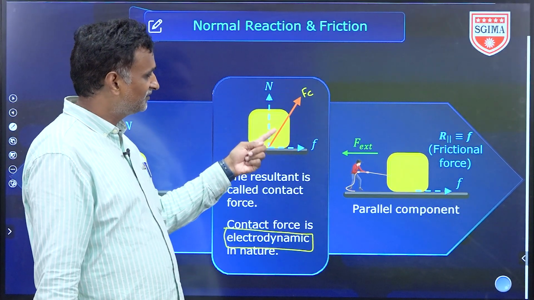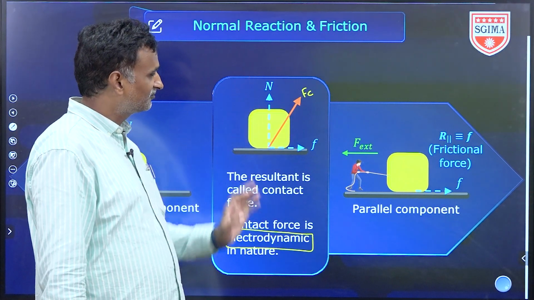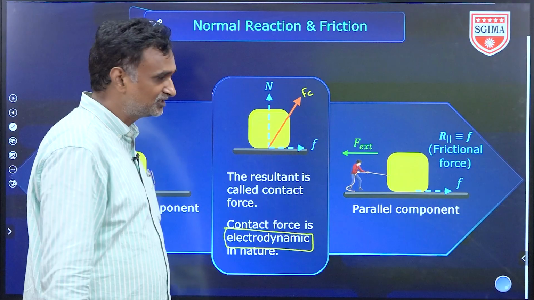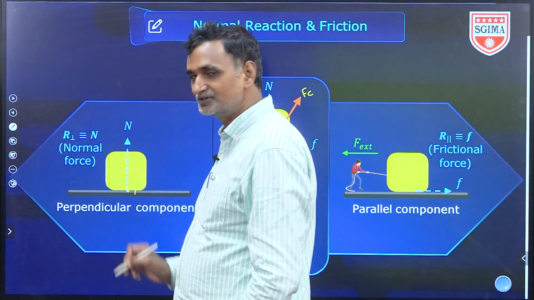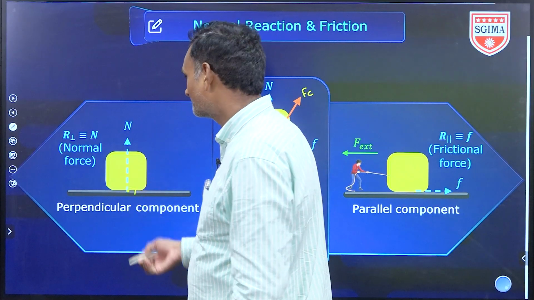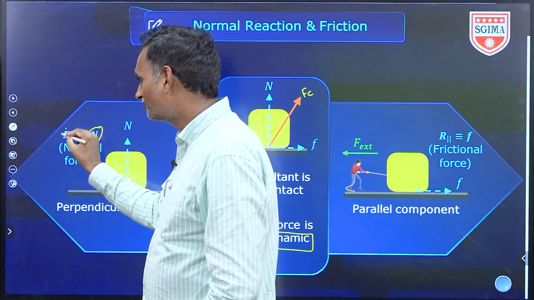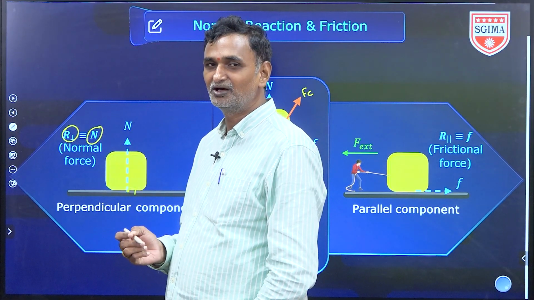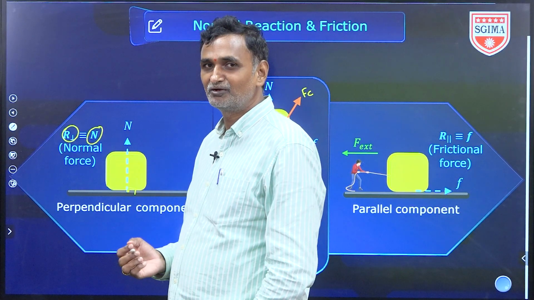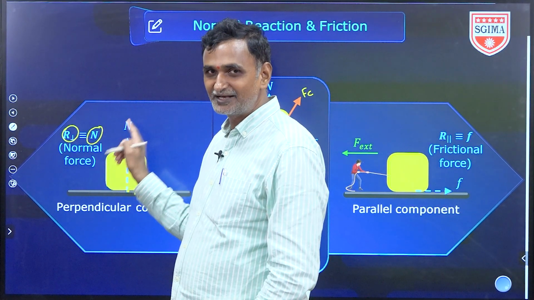So that's why its nature is given as electrodynamic. One component will come parallel, one component will come perpendicular. That perpendicular force we call normal force, and it always acts perpendicular to the surface. So R perpendicular is equal to normal. We can call it normal reaction, normal force, or reaction force.